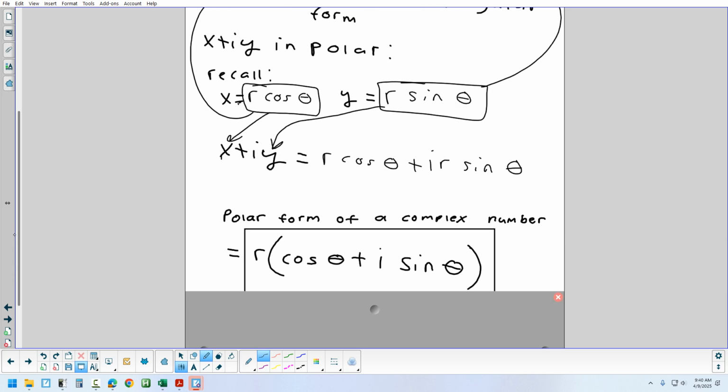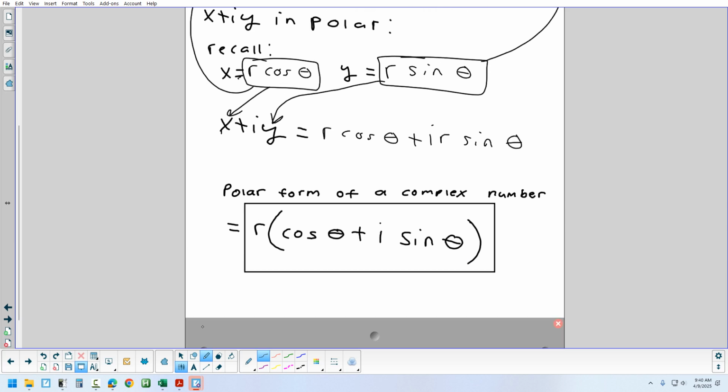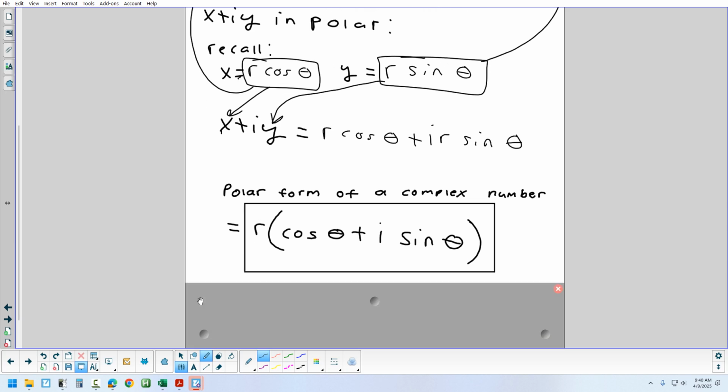So when you write a complex number in trig form, instead of distributing the r to this and to that, they just put the r in front of the whole thing and put the rest in parentheses. That way you only have to write the r one time.